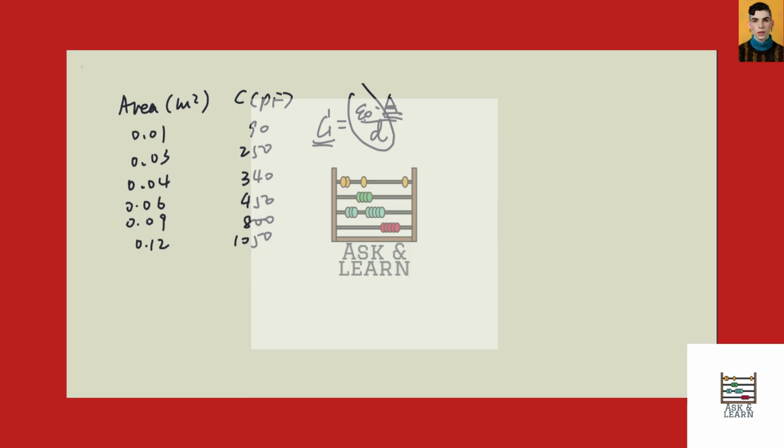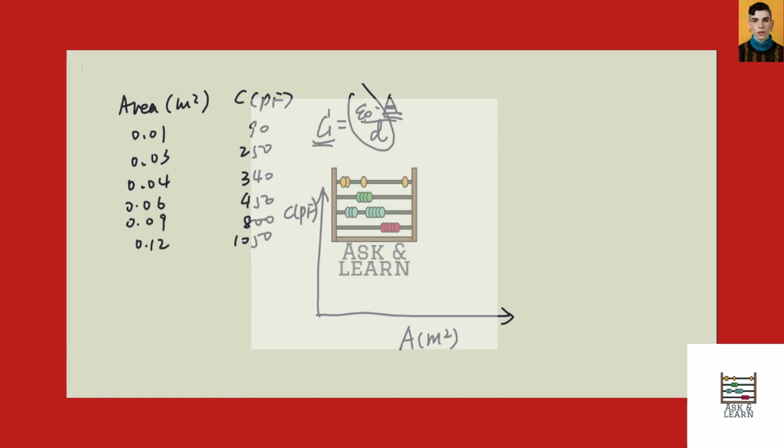So if you've done an experiment before, or if you have not, I'm teaching you right now, you will draw a graph. I'm just drawing it by hand. You probably have a better way of doing it. You're drawing a graph with the x-axis being area, and the y-axis capacitance in picofarads.